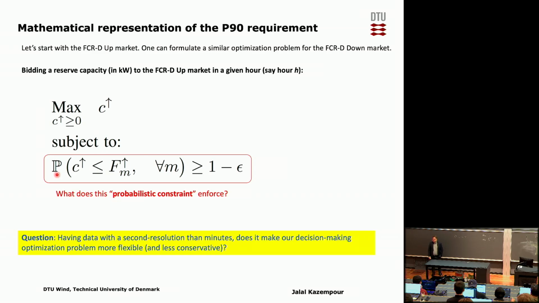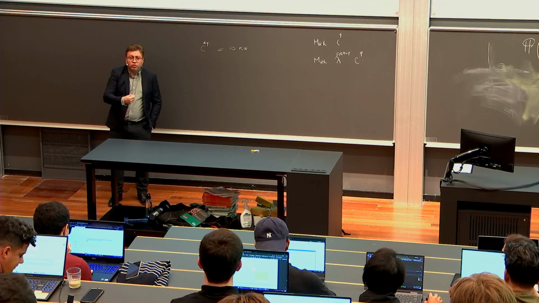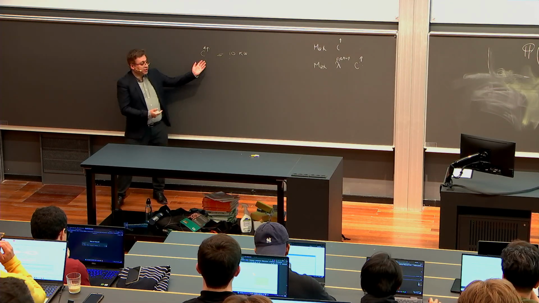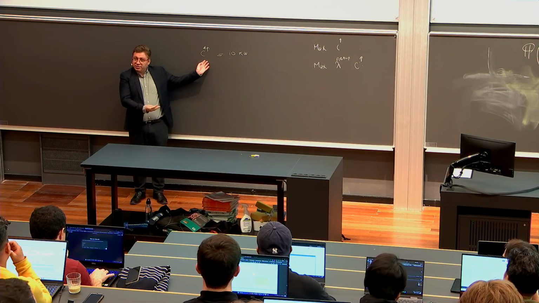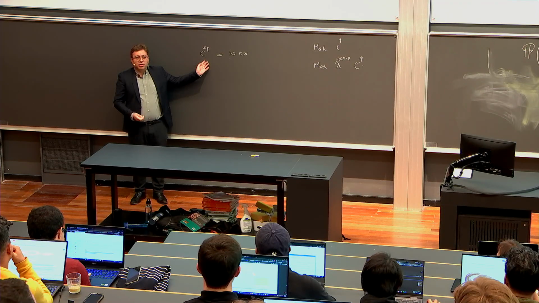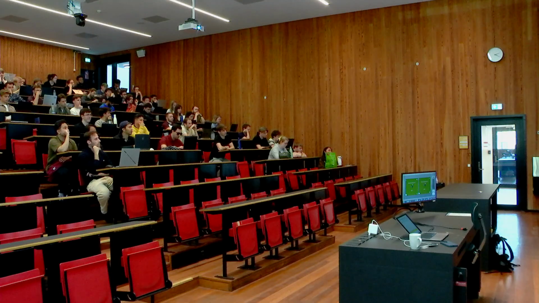Is it clear what I'm saying? With more resolution, more data with a higher granularity, do we expect to have a higher bid or lower bid? Who says higher bid, like 11? Or who says lower, like 9?